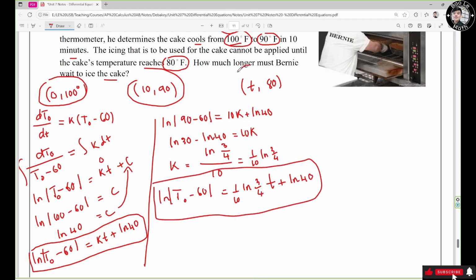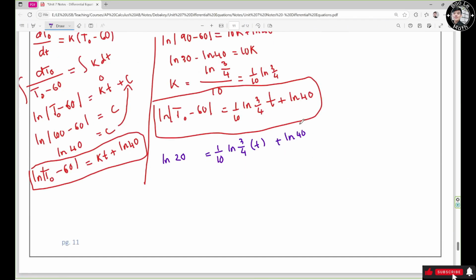Now we're going to use the third order pair right here to solve for t. Natural log of T0 equals 80. So 80 subtract 60 is going to be 20 equals 1 over 10 natural log of 3 over 4 times t plus natural log of 40. Subtract natural log of 40 from both sides, so you have 1 over 10 times natural log 3 over 4 times t equals natural log 20 subtract natural log 40, which is natural log of 20 divided by 40.